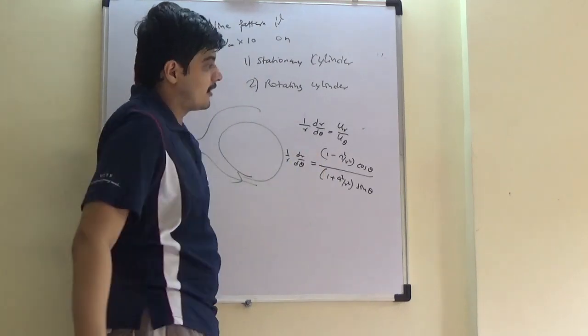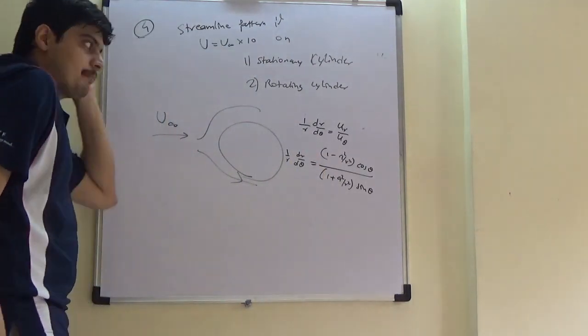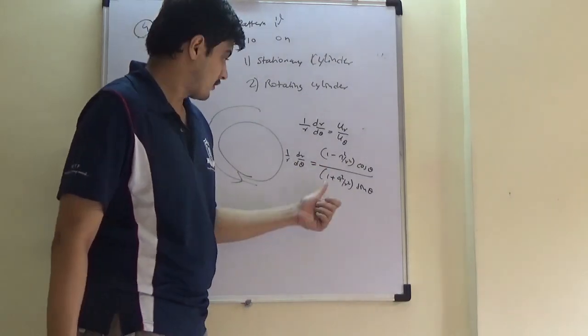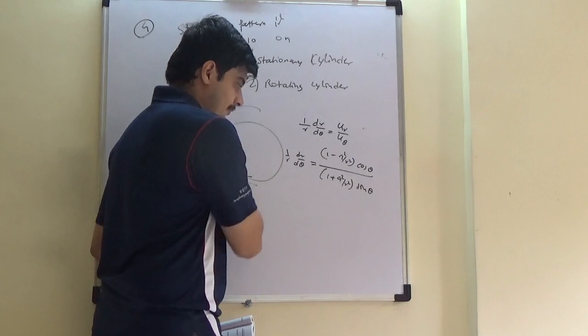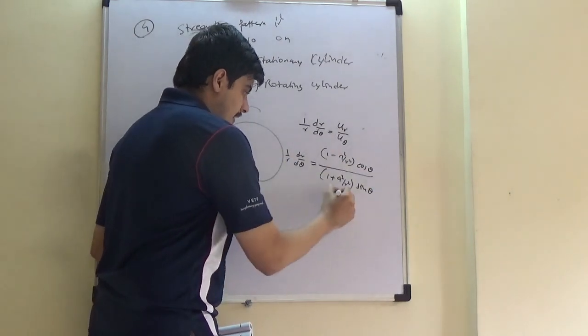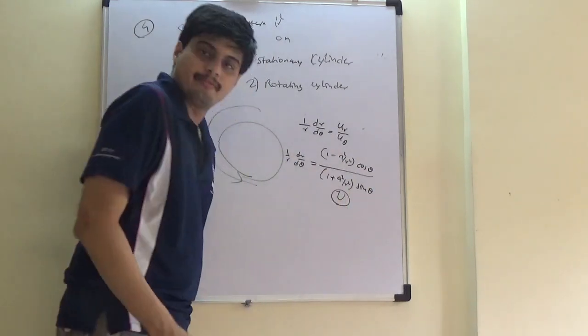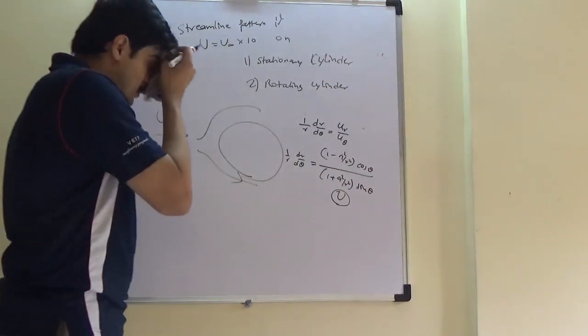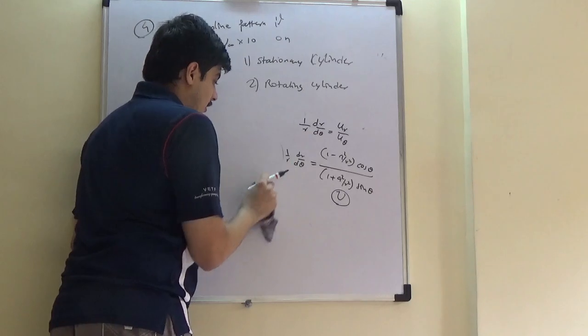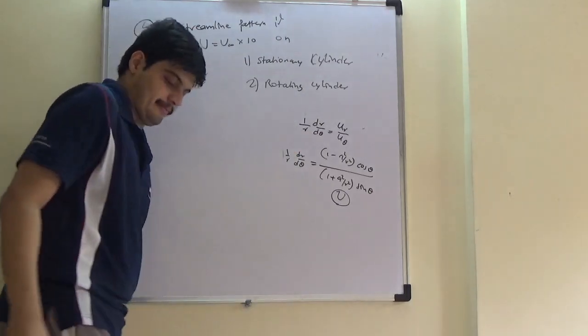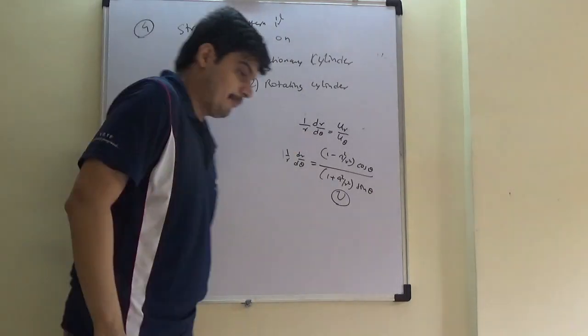So when the cylinder is stationary, ur is simply governed by this potential flow, u theta by this flow, right? Do you anywhere see a component of u here? No. Which means in the case of a stationary cylinder, velocity does not dictate the streamline pattern, which is intuitive, right?